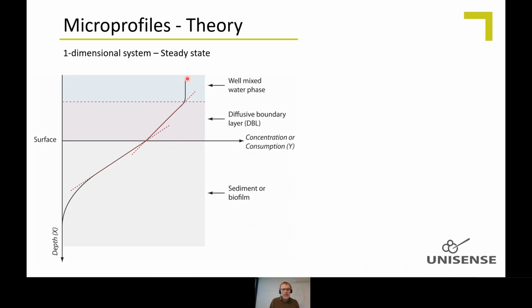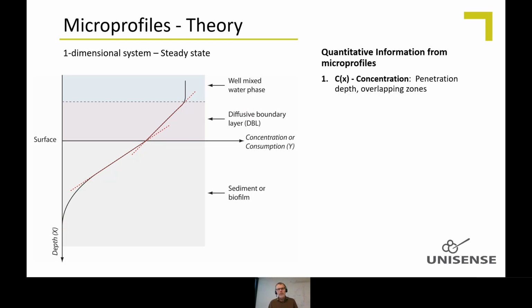Well-mixed water phase, diffusive boundary layer with a linear gradient, and then there's the sediment biofilm here. This has a layer of inactive sand on it, so there's a part of the sediment that is not active, as indicated by this linear profile, indicating diffusion only, no production, no consumption. Down here we have the curvature that indicates consumption of oxygen.